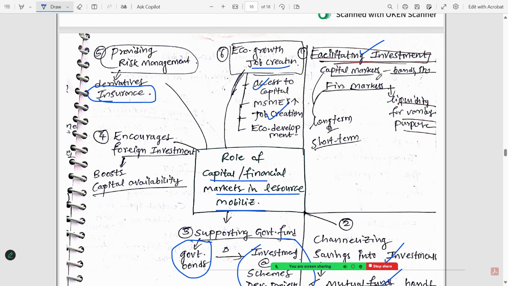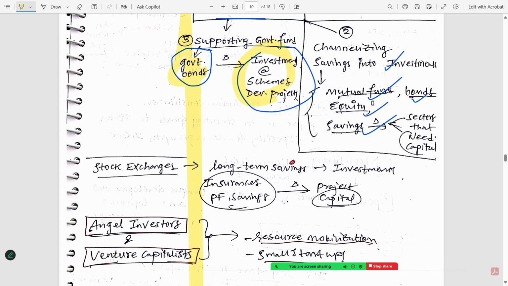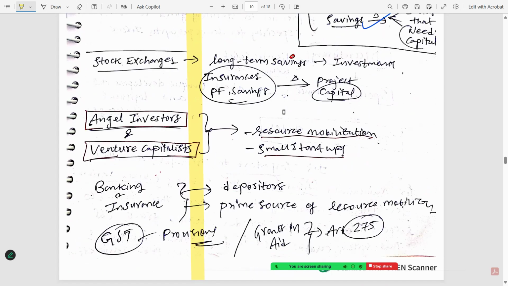So these are all just the keywords. Keywords you need to note: capital markets, providing risk management, foreign investments will be increasing. So the government bonds, investments, and equity mutual funds. These are all keywords about what its uses are. Just close your eyes and write it.